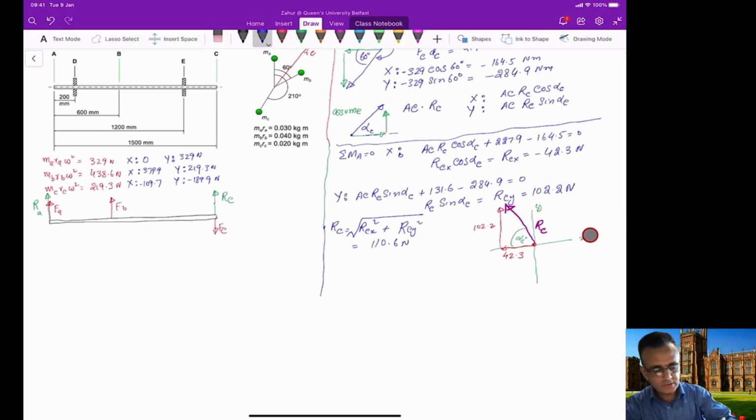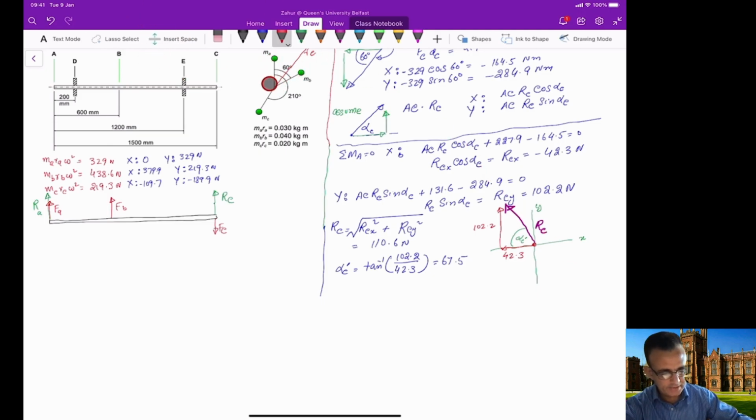So if you want to calculate this angle, alpha c dash, this will be equal to tangent inverse of 102.2 divided by 42.3. So the angle here will be 67.5.